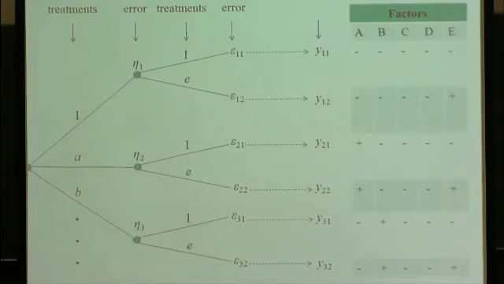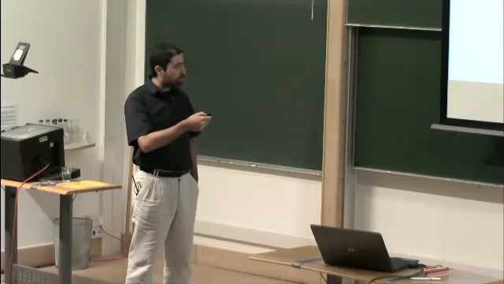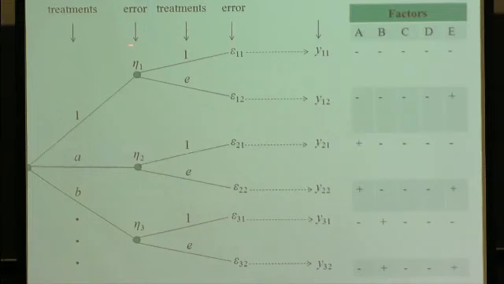Since the whole plot units involved here are not identical, I ought to have an error source to explain this variation among the whole plot units. So once I apply the treatment, I'm going to split this particular whole plot unit into 2 units, which I'm calling here subplots.